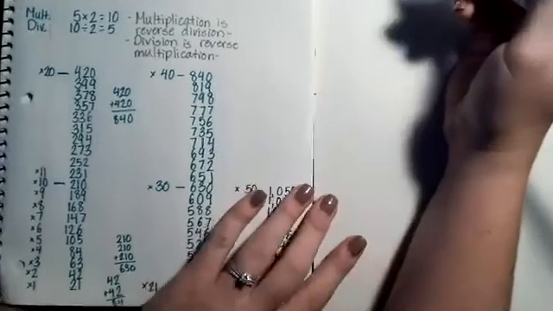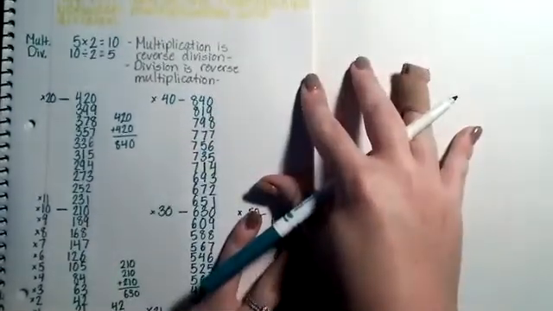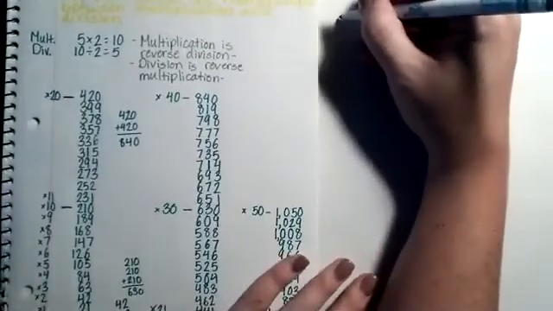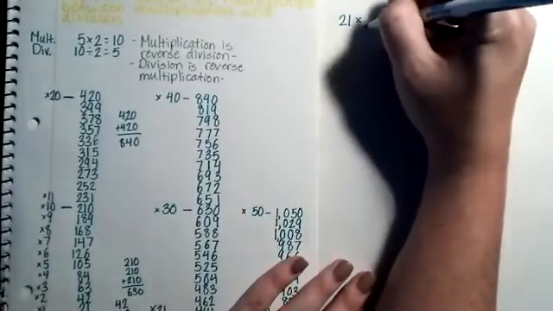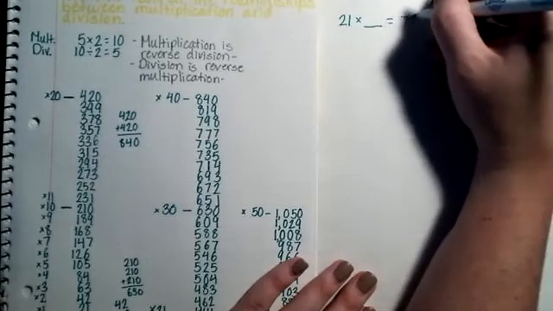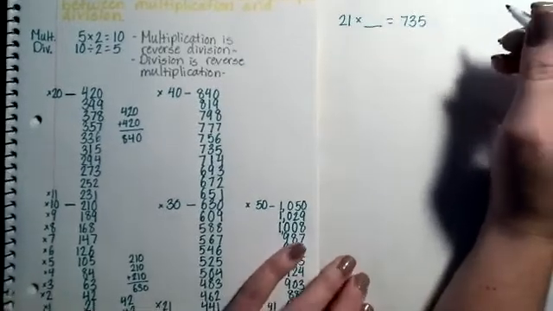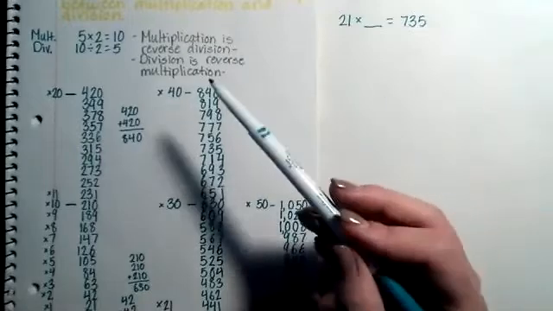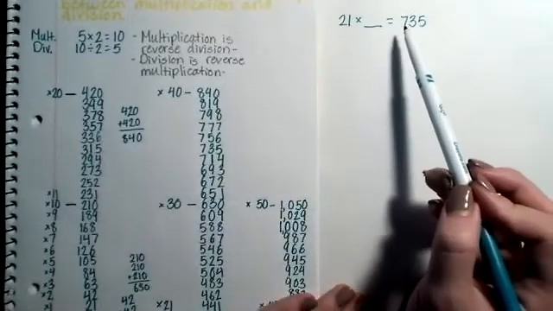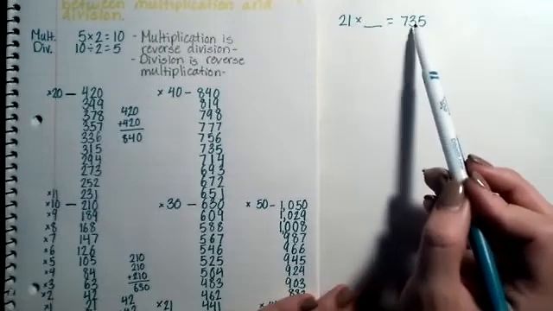what if we were given a problem like this? Now that we have this tool here, we filled this out. What if we were given a problem like this that said 21 times something equals 735? Okay, well, what I can do is I can look through my table and find the product 735 and then find what we multiplied by to get that.